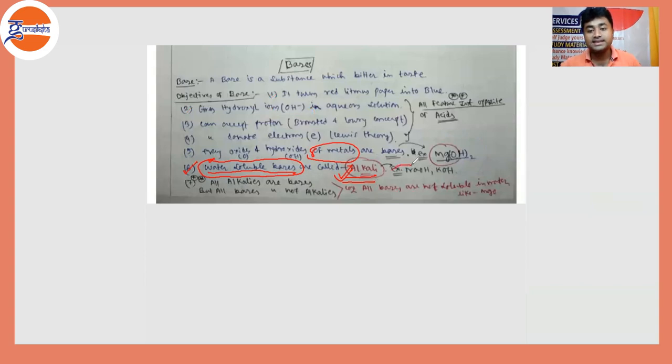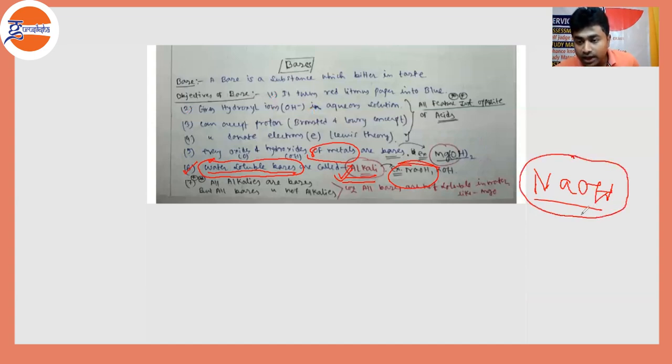Okay, so what are examples of alkali? Suppose NaOH. Students, I think all know the full form of NaOH: this is sodium hydroxide. In sodium hydroxide, you can notice that it is fully ionized in water, as well as being a water soluble base.